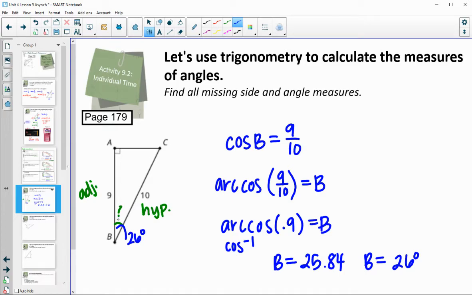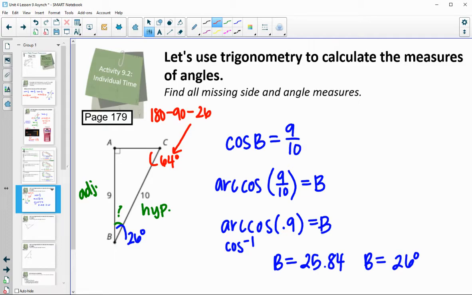We know all of them total 180. So 180 minus 90 is 90, and then minus 26 gives you 64 for this one. You can do 180 minus 90 minus 26 for that, or you can remember these two always total 90.